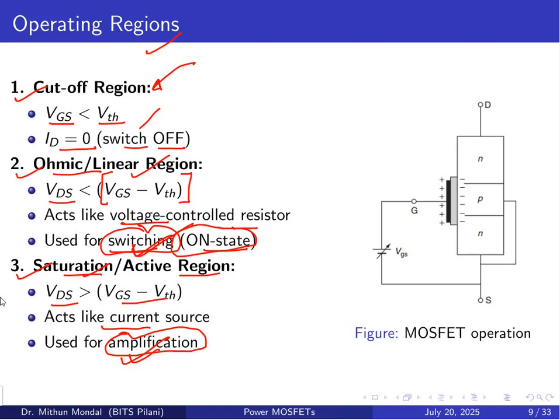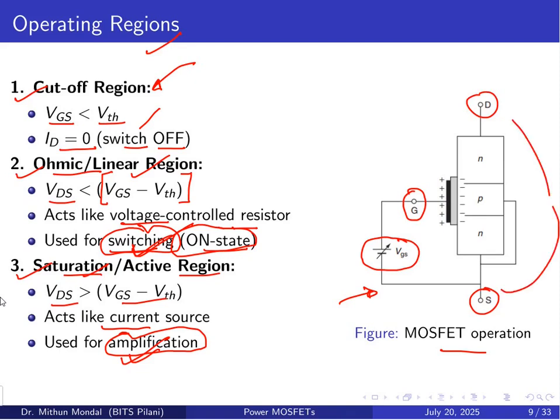The MOSFET operation is basically shown by this figure where you have the N-channel MOSFET which is in the enhancement mode. So here we are connecting a source between the gate to source, and between the drain to source there will be a current which will start flowing when the MOSFET is in the linear region of operation.